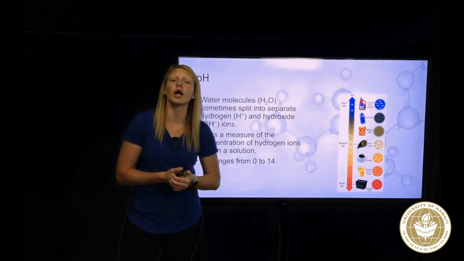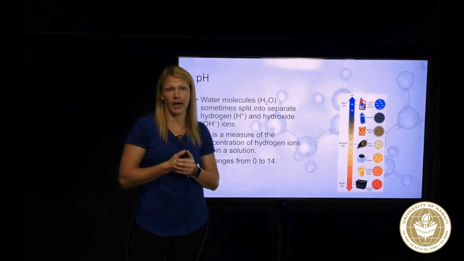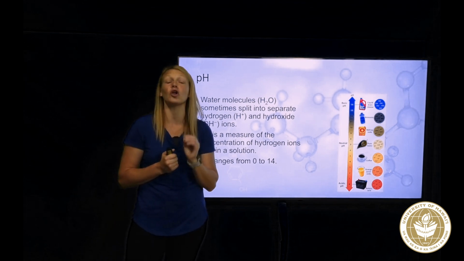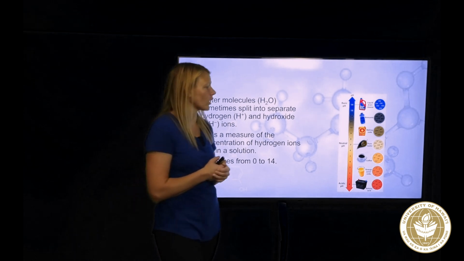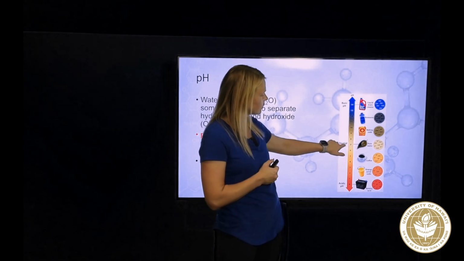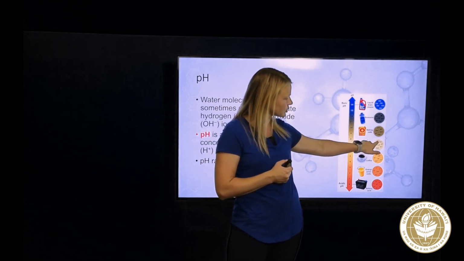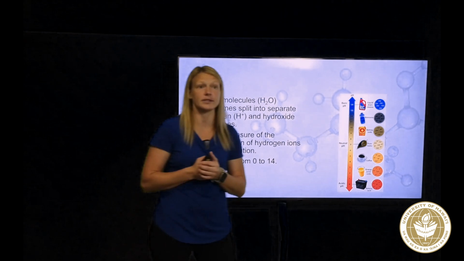In pure water, the number of hydrogen ions is exactly equal to the number of hydroxide ions, and that means that water is neutral. So it's right here, neutral pH. You have the same amount of hydrogen ions and hydroxide ions.